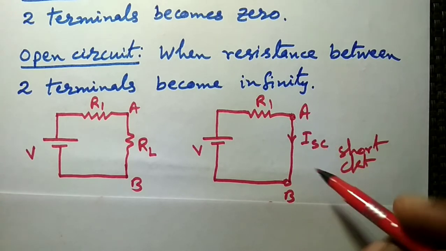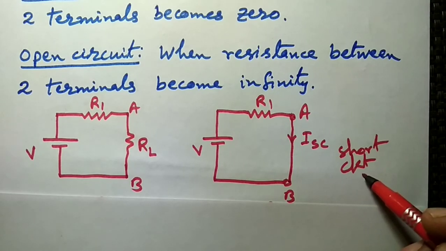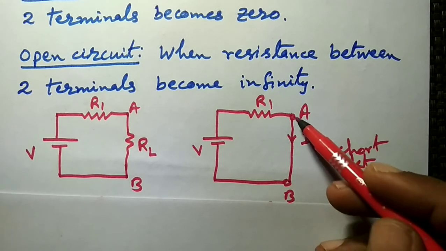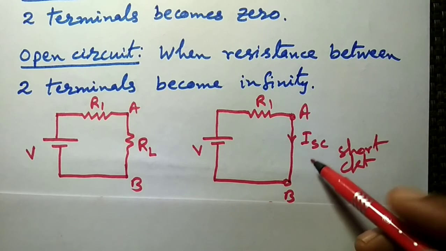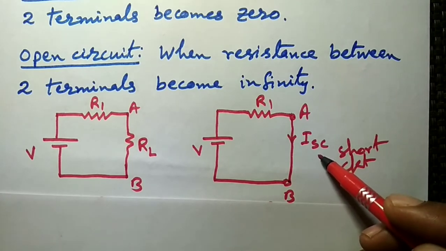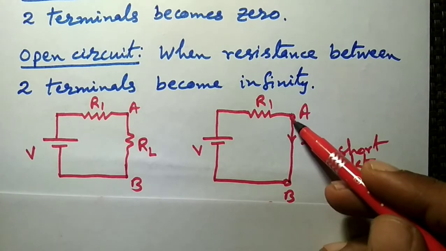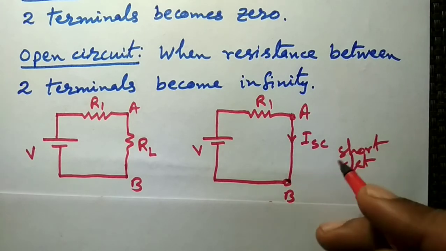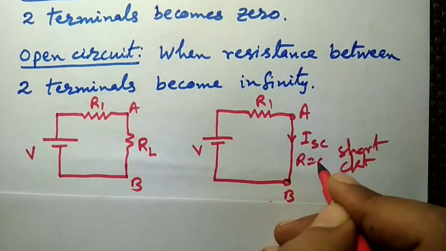In this case, it becomes a short circuit path, and the current that flows through this path is considered the short circuit current. Remember one thing, in a short circuit path, the resistance will always be equal to 0.